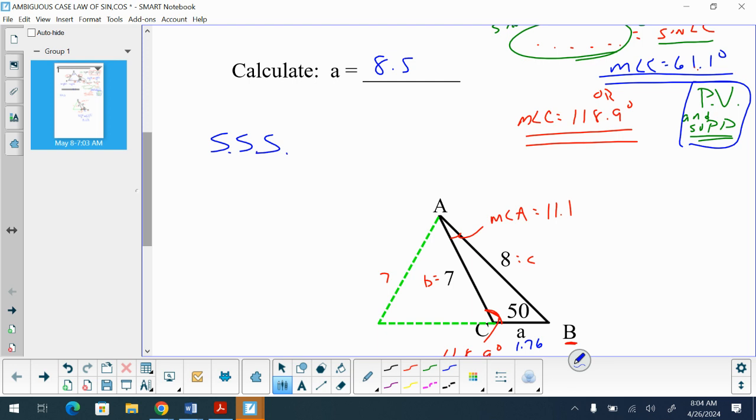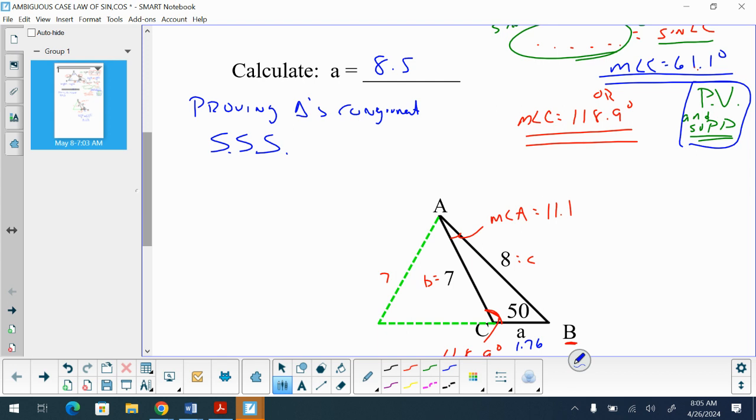The first way was the side-side-side postulate, which stated that if 3 sides of one triangle are congruent to 3 sides of a second triangle, then the 2 triangles were congruent.